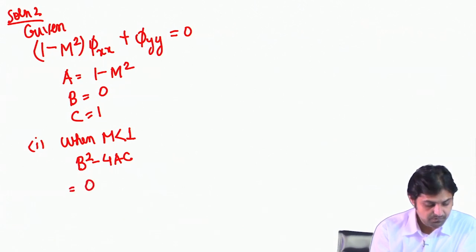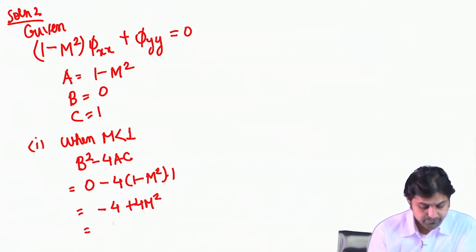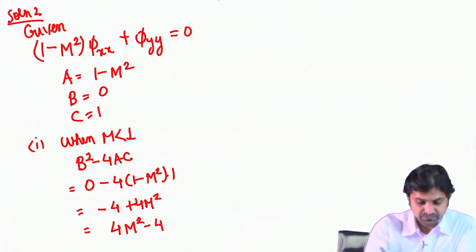So b is 0, so 0 minus 4 times (1 minus m square) times 1. So minus 4 plus 4m square, or 4m square minus 4.